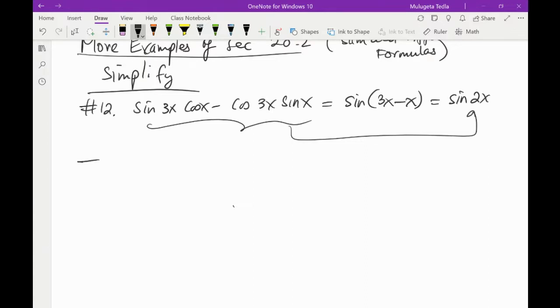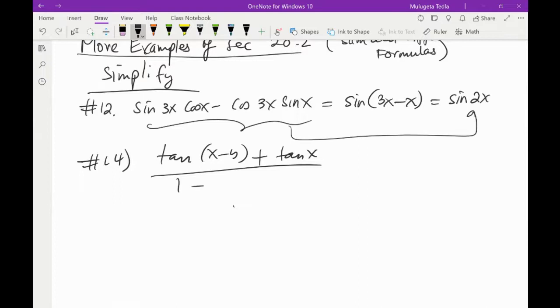Next question is number 14. Do you recognize this identity? Tan of x minus 1 plus tan x. Check the formula and look at it, and see if it satisfies what is in the formula set. I think it does.